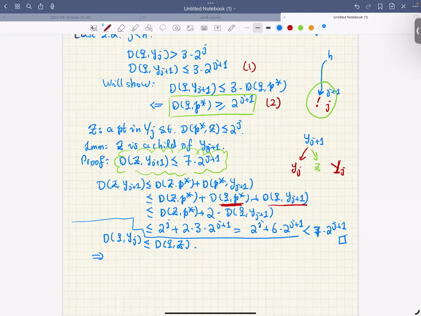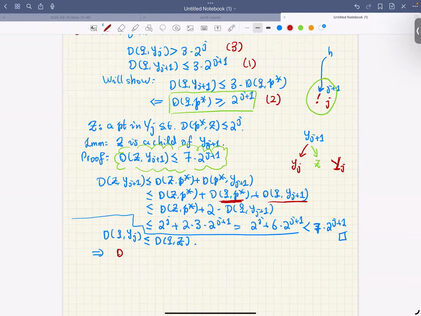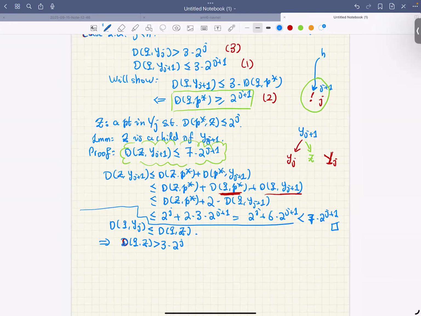Now look at inequality 3 here, okay, inequality 3. So Yj is the abnormal case, right? This is by definition of J. So we know QYj is actually quite large, and therefore we know QZ is quite large, okay? QZ is actually quite large. Now I'm going to argue that the distance from Q to P star is actually quite large.